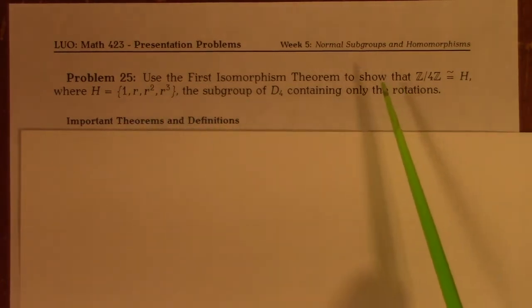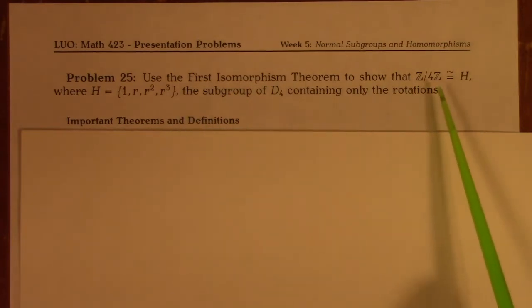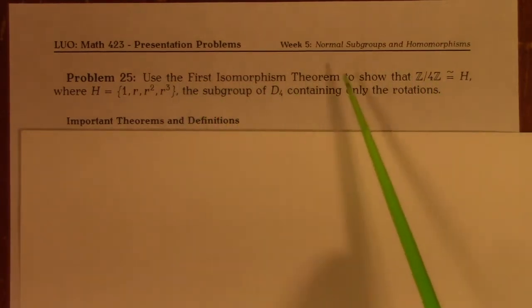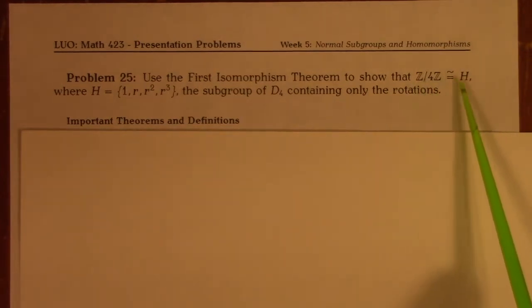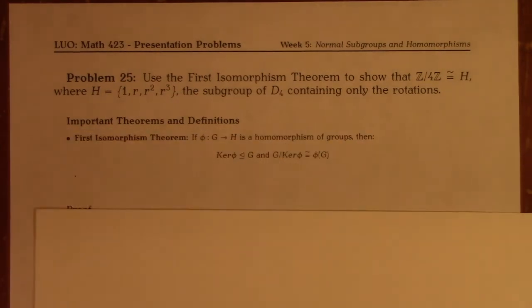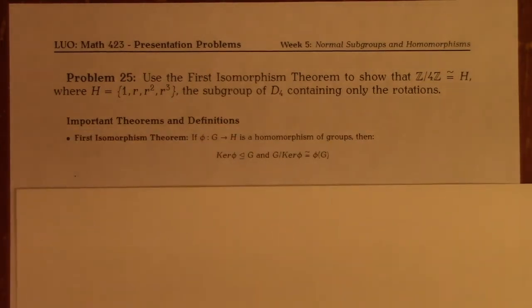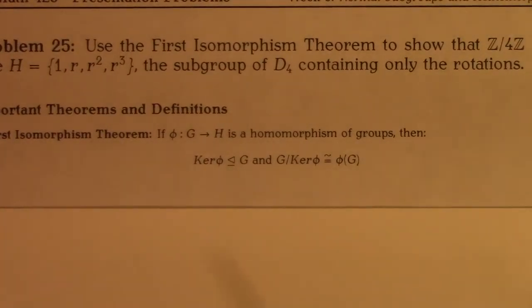As I think about this problem, the question is basically how I can find a mapping that goes from the integers to H. The first isomorphism theorem, as stated here, is that G mod the kernel of phi is isomorphic to the image of G under phi.